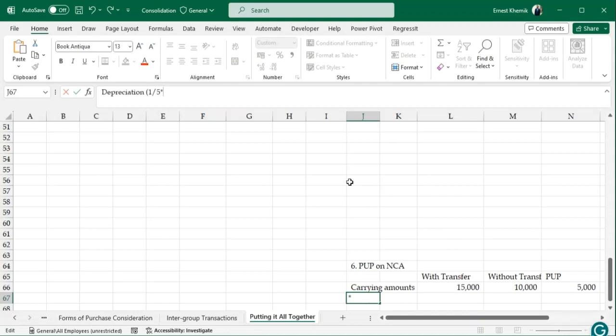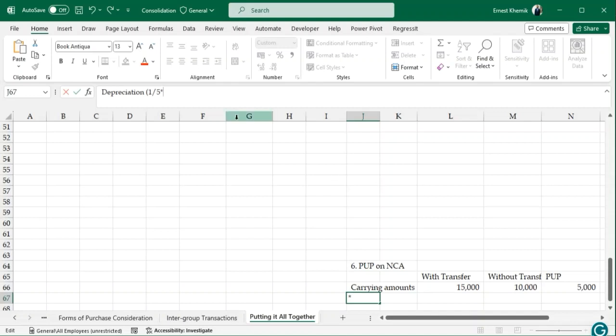Then we are going to multiply this by the post-acquisition period, or the period within which the asset was transferred. So the transfer was made on 1st June. So we are going to count the number of months to 30th November. So we are going to have June, July, August, September, October, November. So that's 6 months.